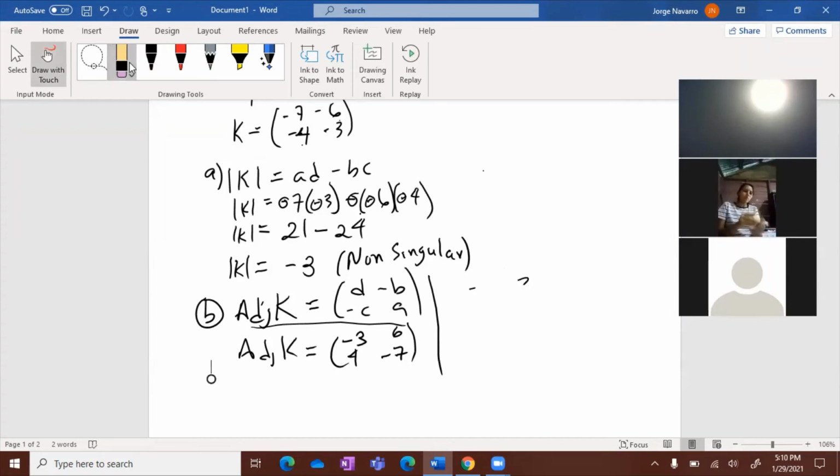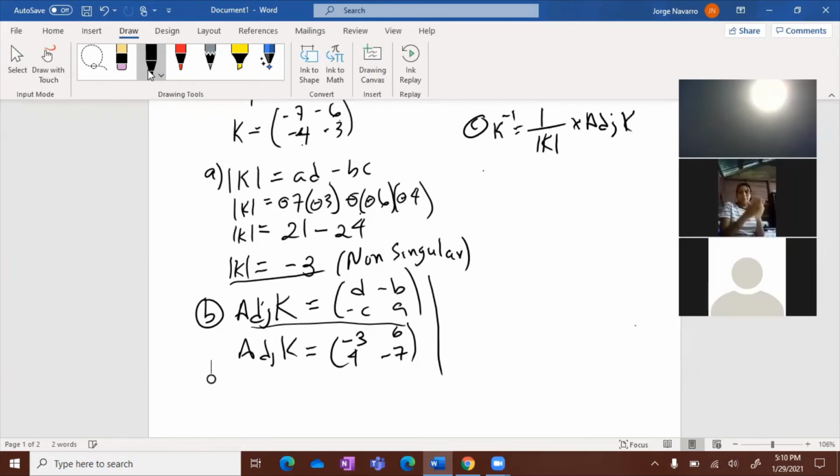So let's look at C now. First C, we see that K to the negative 1 is 1 over the determinant, which is A, times the adjoint of K, which is the B. So K to the negative 1 is equal to 1 over negative 3 times this thing here: negative 3, 6, 4, and 7. And hence we just multiply.